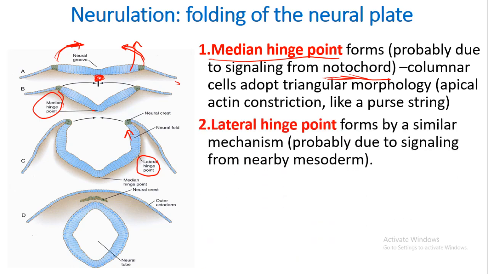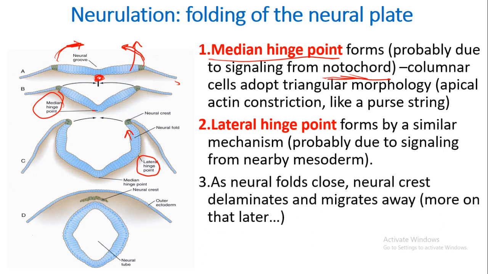The same thing will happen to the lateral fold, and this is believed to be due to the presence of the nearby mesoderm. When these guys move, this side and the other side, the neural folds moving toward each other will lead to closure.